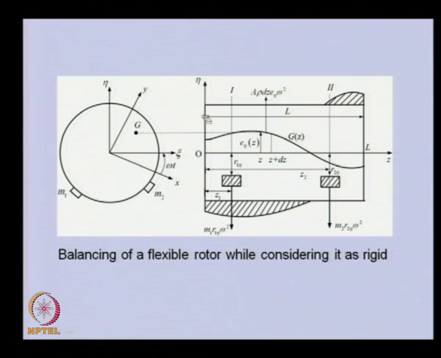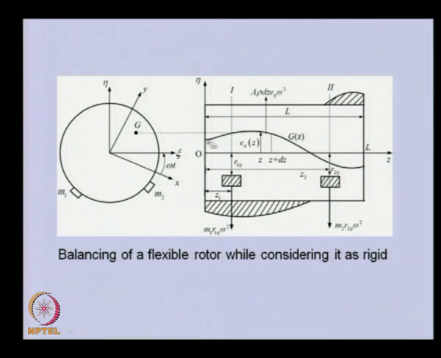This eta z is a rotating coordinate system, or body fixed rotating coordinate system. With respect to that, let us say this is the variation of the eccentricity. On similar lines, we can have the eccentricity variation in the xi and z direction, but in this particular case we are considering only one of the planes.